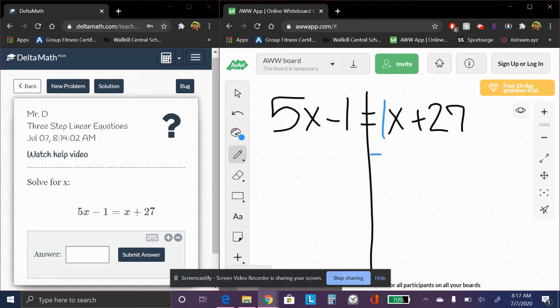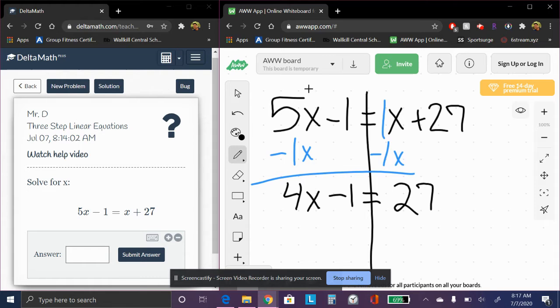So in order to do that, I have to do the inverse operation to both sides. So 5x minus 1x is 4x. Those cancel, the 1x and the 1x, and I'm just left with 27.